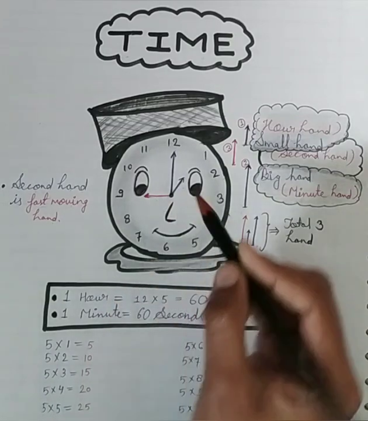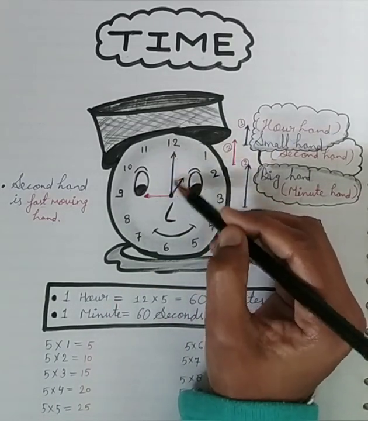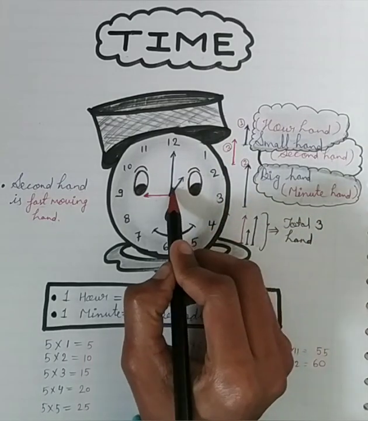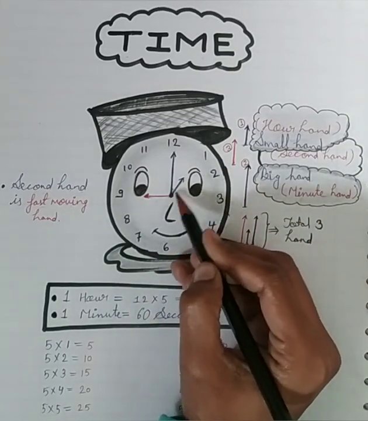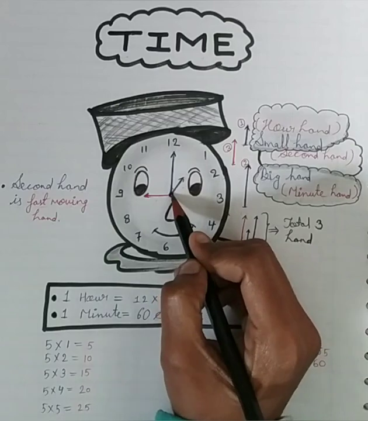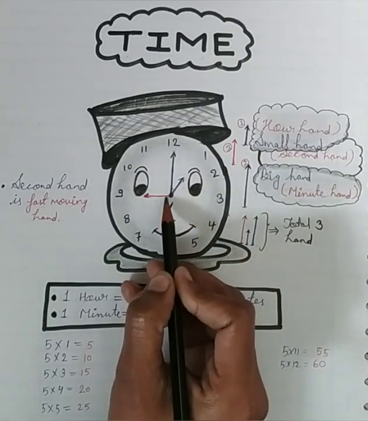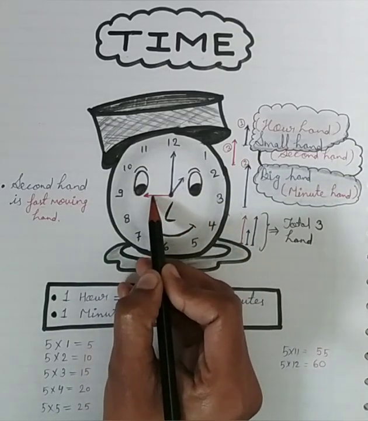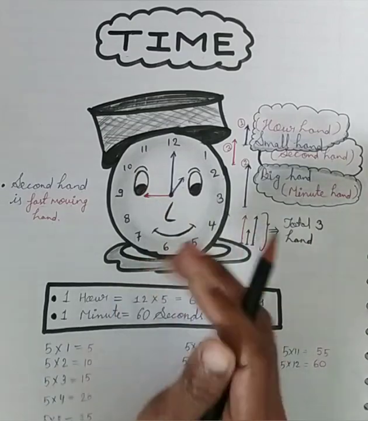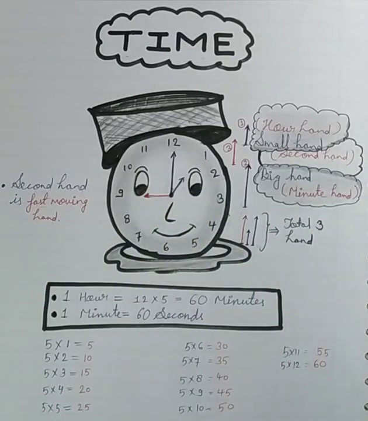So let's revise again. This is the big hand or minute hand. This is a small hand or hour hand, and this is the second hand or fast moving hand. I hope you all understood well about the 3 hands of the watch.